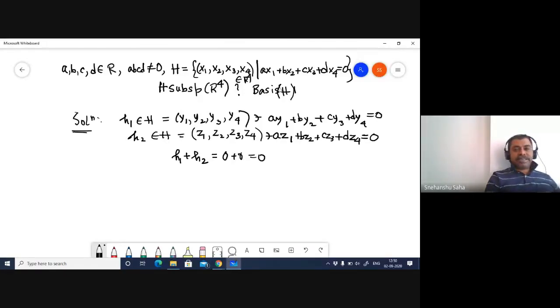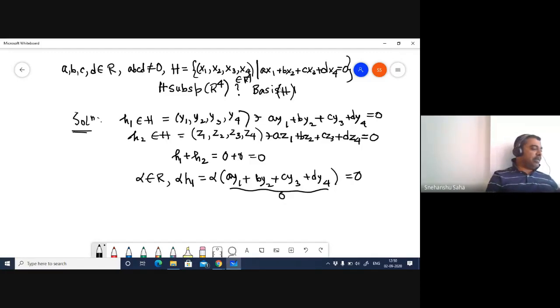Similarly, I take a scalar alpha and look at what alpha H1 is. Alpha H1 is alpha times (AY1 plus BY2 plus CY3 plus DY4), and you know this is 0, so this is 0 as well.